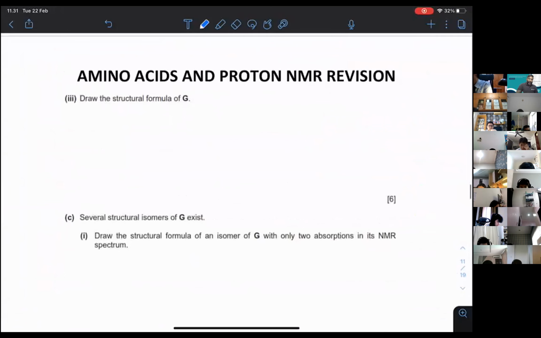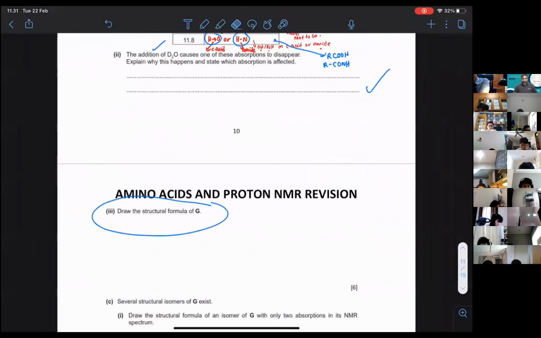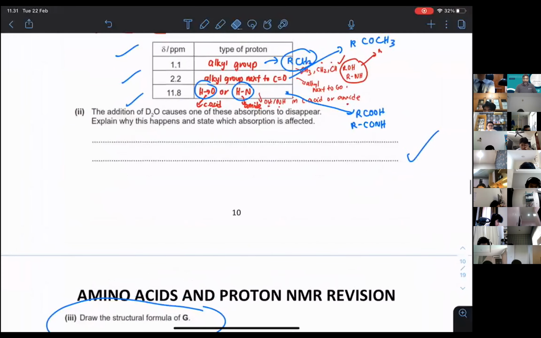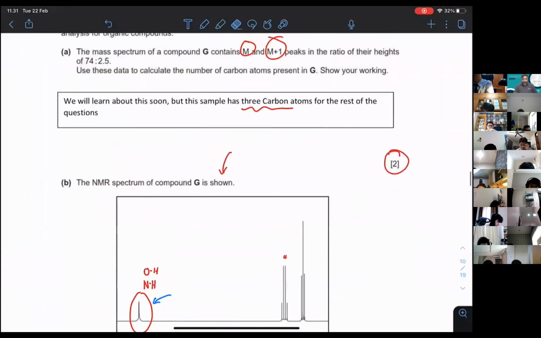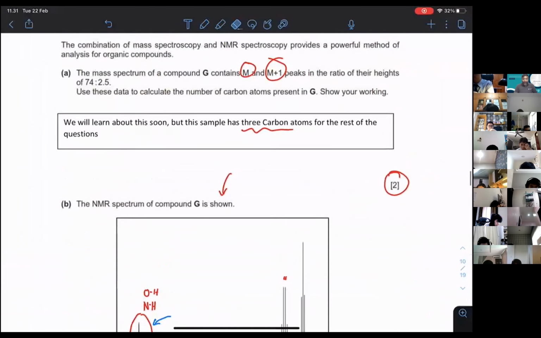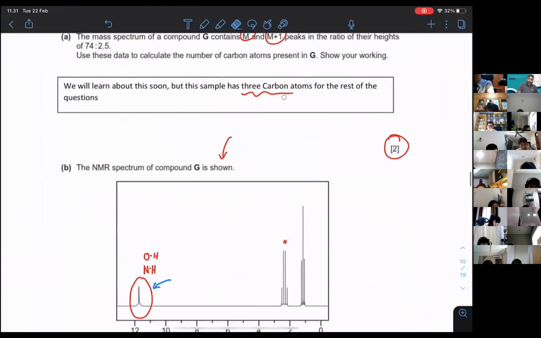And then you draw the structural formula of G. Using all this information, we know it's going to have three carbon only. Using three carbon only, we can find out some details.